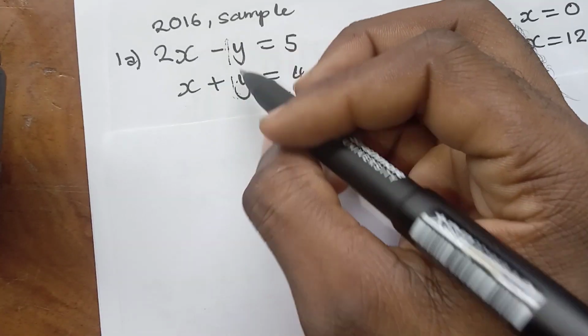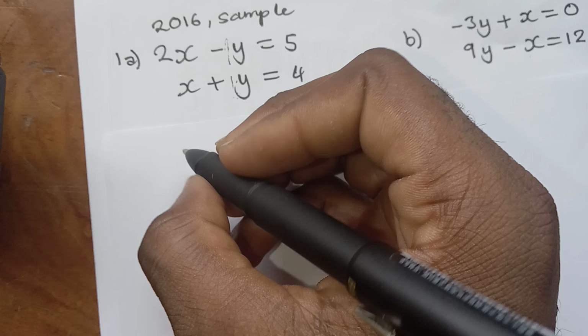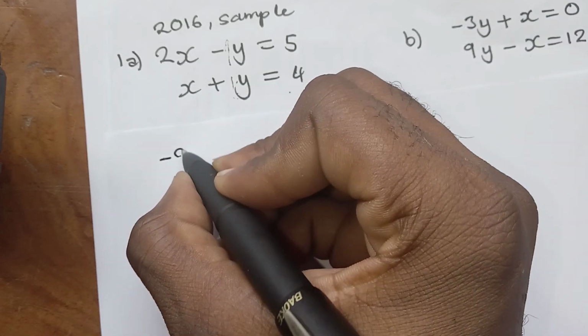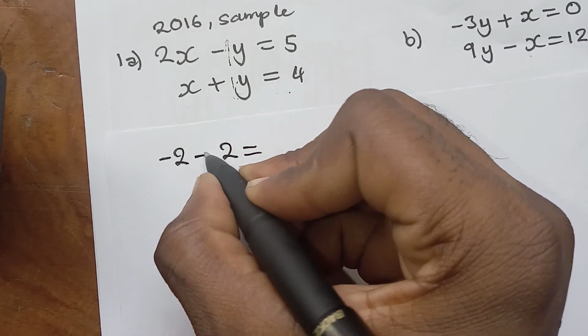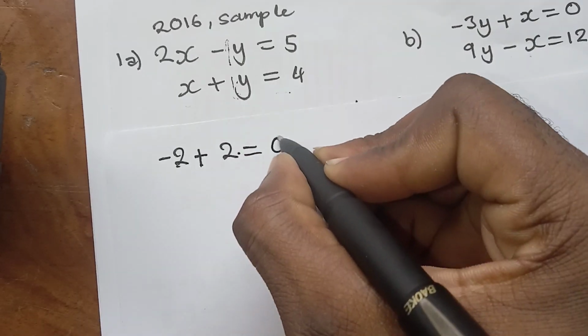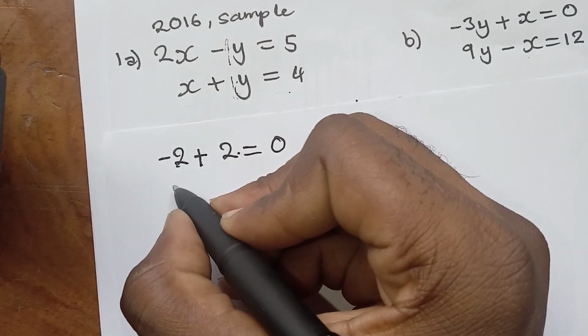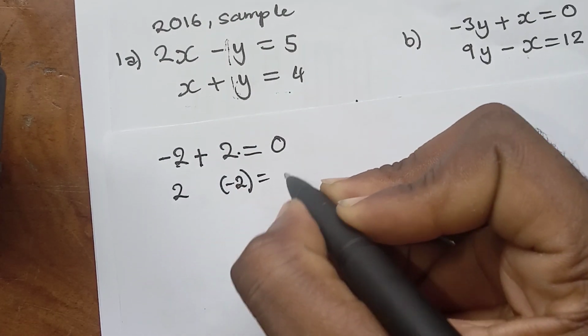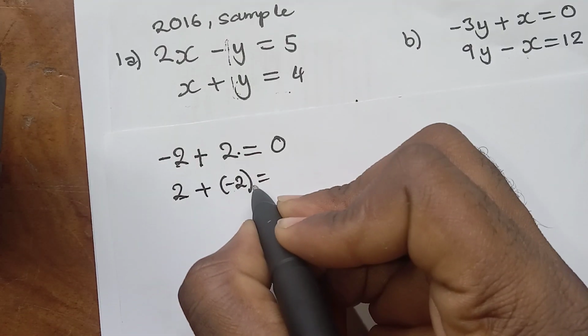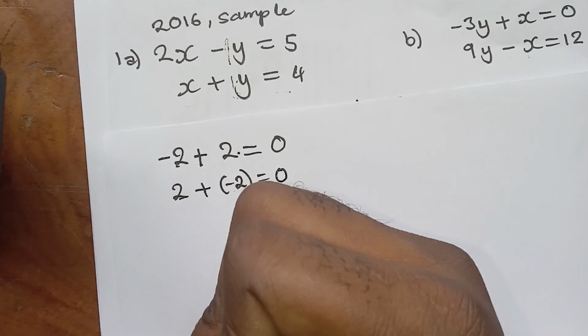So just to explain why this is so, you can just think of numbers like -2 and 2. When you add these two numbers together, what you get is a 0. You can also think of numbers like these. When you add these two numbers, your answer will be a 0.